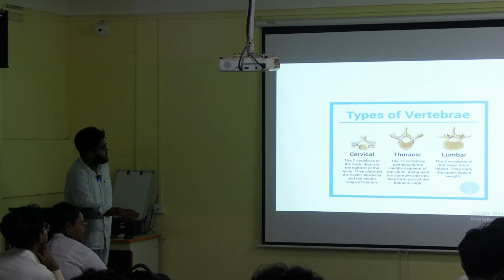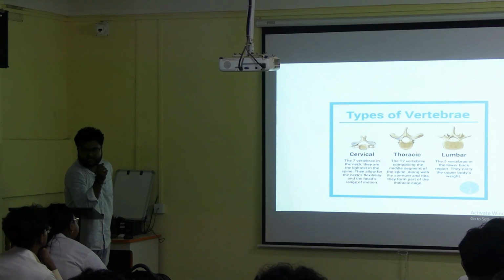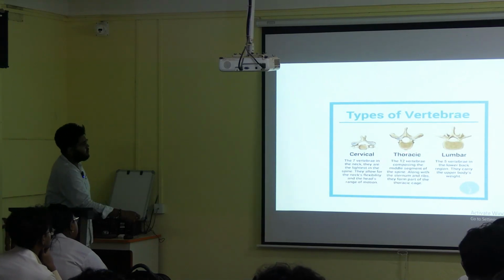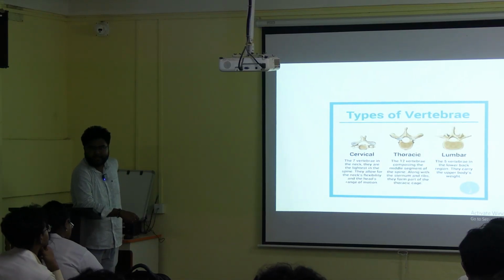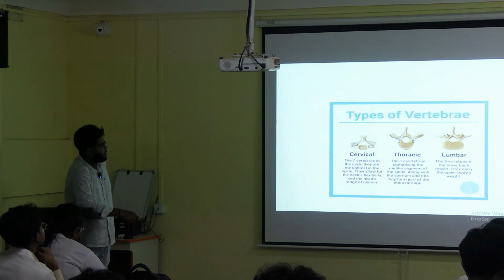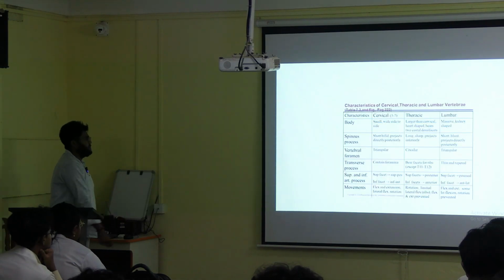Here you can see in the thoracic vertebra there are 2 facets present. This is called the costal facet, or rib facet, where your ribs are attached. This is present only in the thoracic vertebra. Next the lumbar. The lumbar carries your body weight, because this is mainly the back region. So these are the differences.